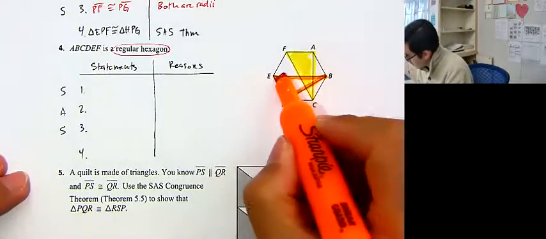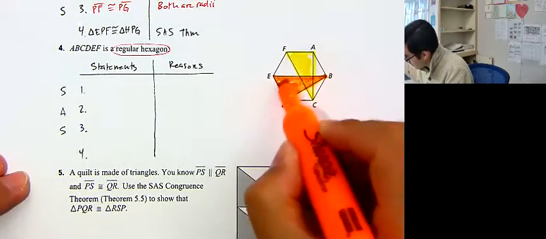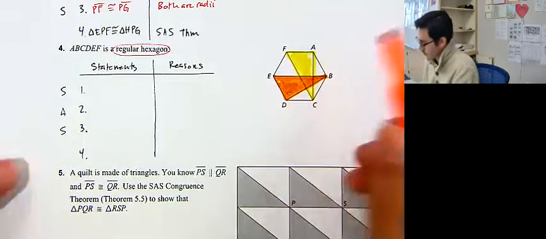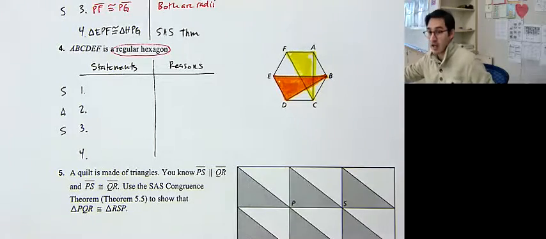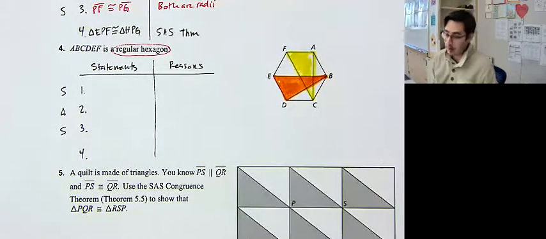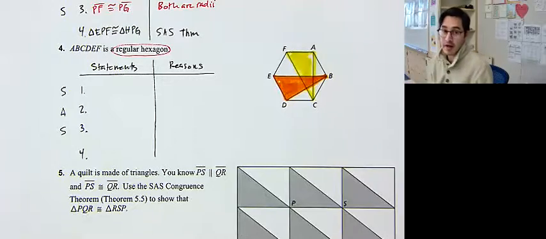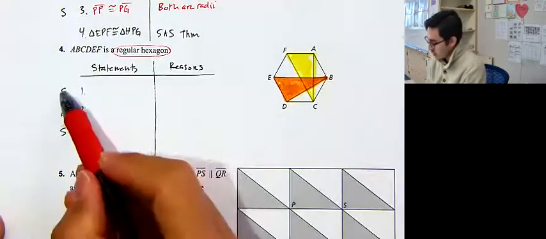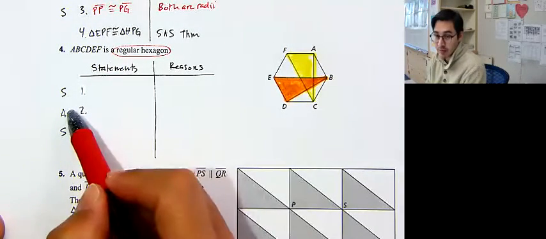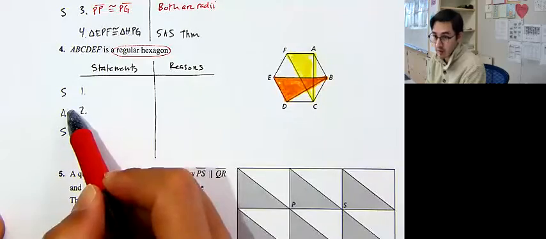I'll color it in. So we've got that yellow and that orange triangle. We want to show that they're congruent. So can we find 2 sets of congruent sides and the angle between them congruent as well?